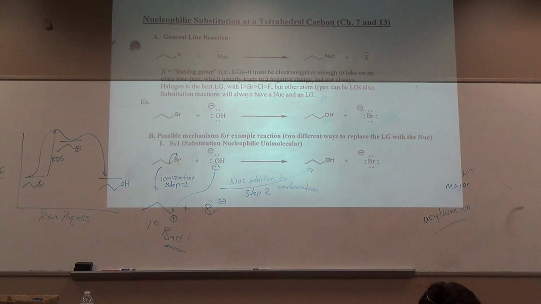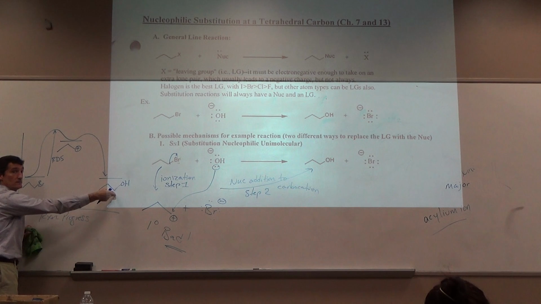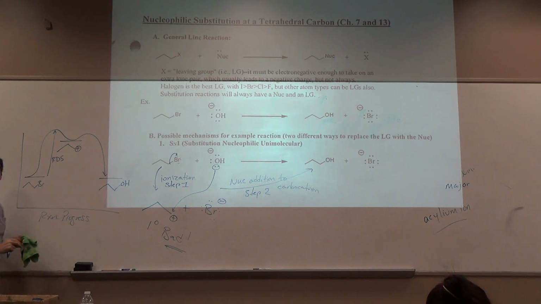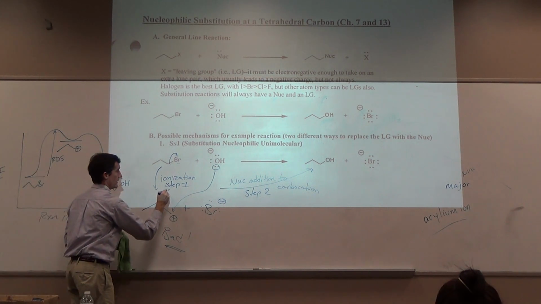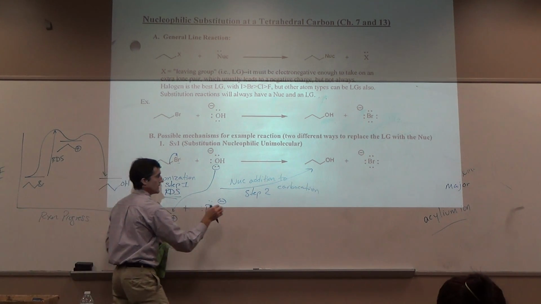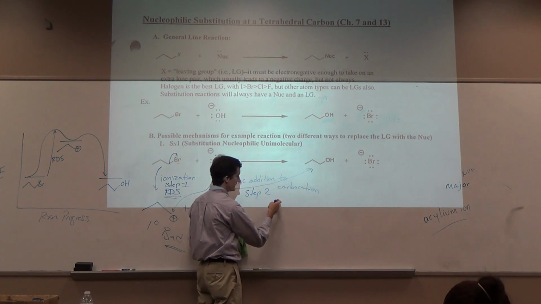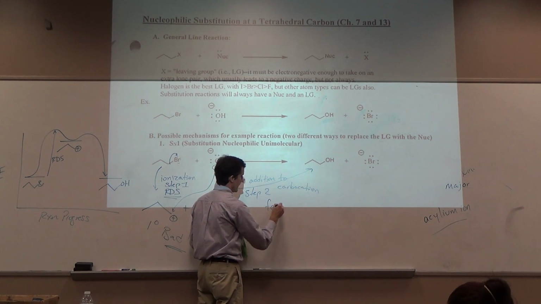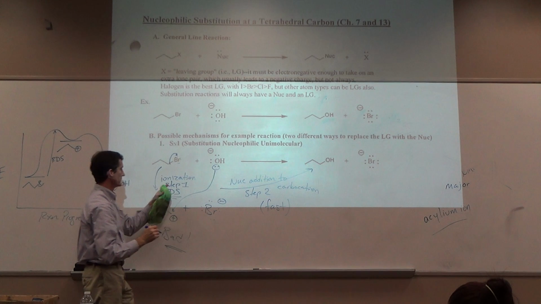Highest activation energy. That's why it looks like it's the hardest. Once you get here, falling downhill back to there, it's not going to take much activation energy. Rate determining step is the first one. Thus, what's the relative rate of the second step? Fast compared to that.